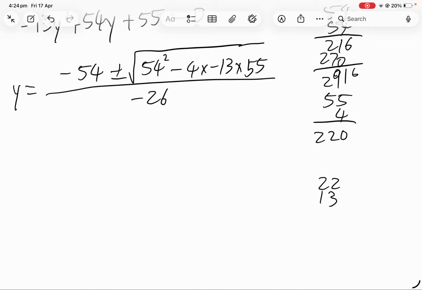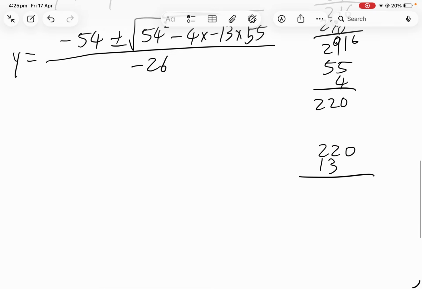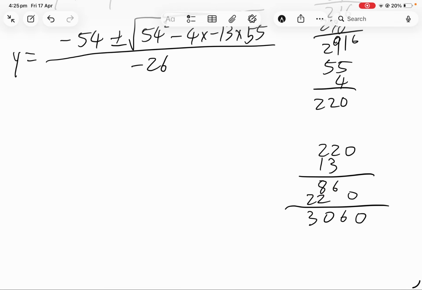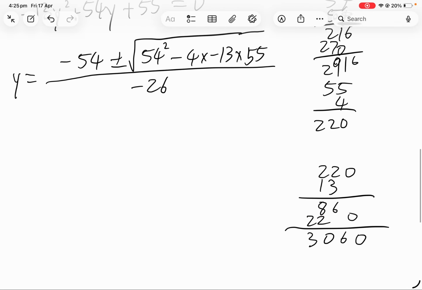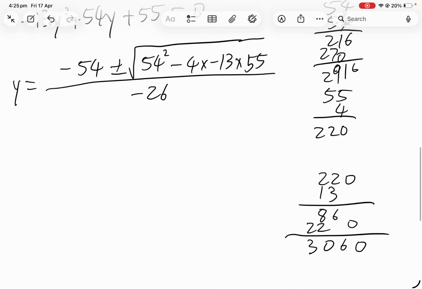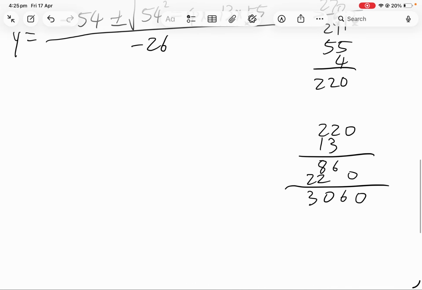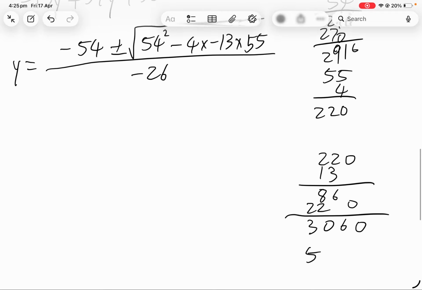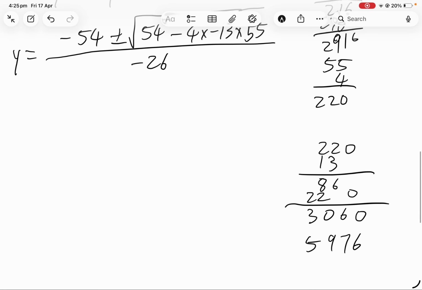So with the 220, we multiply it out and add it together, and it becomes 5976.